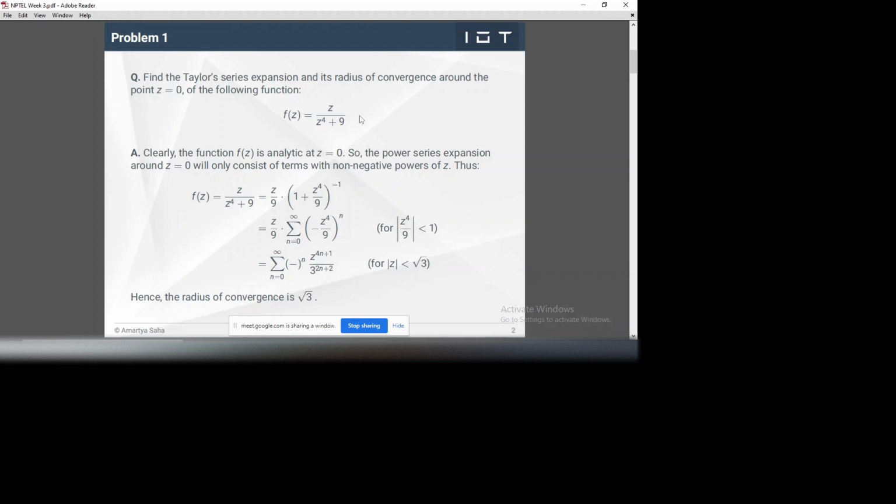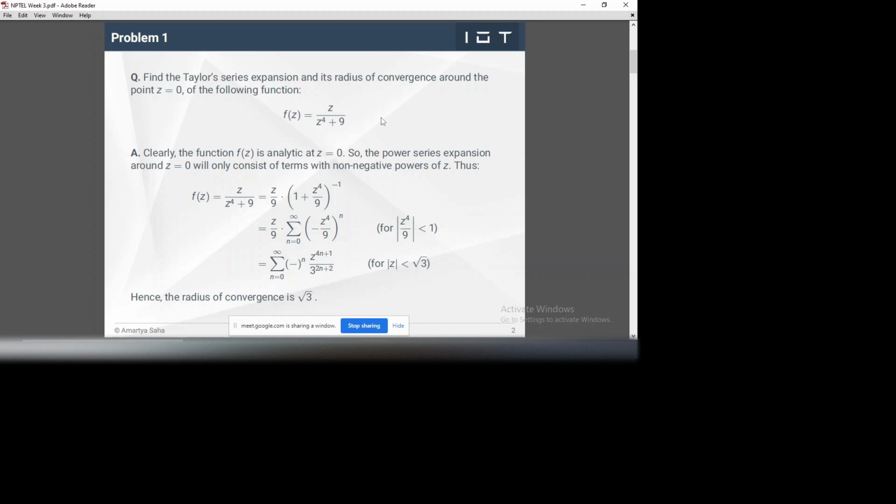To tackle these kinds of problems, we begin by noticing whether the given function is analytic or has some singularities. So let us first examine the points of singularity, if any. We immediately see that the numerator is an entire function, simply z, but the denominator is z to the power 4 plus 9.